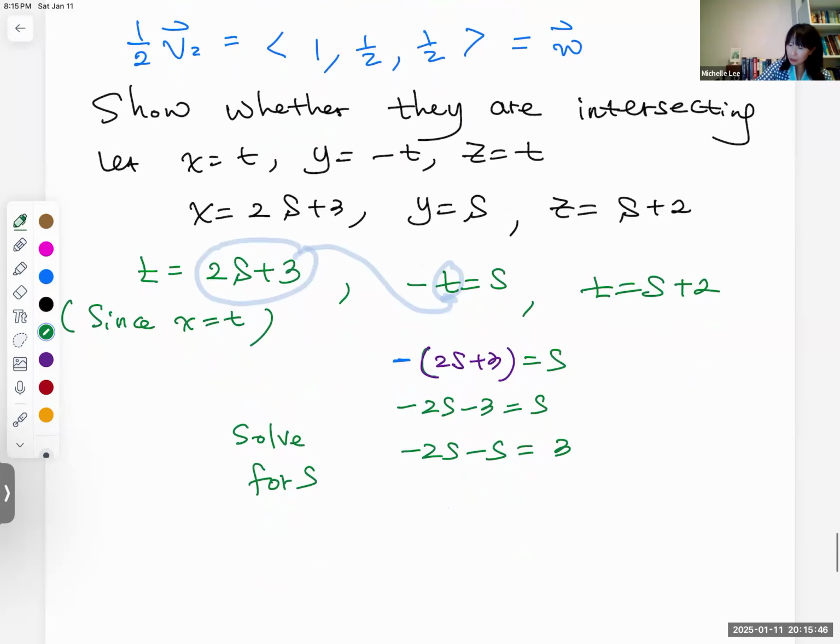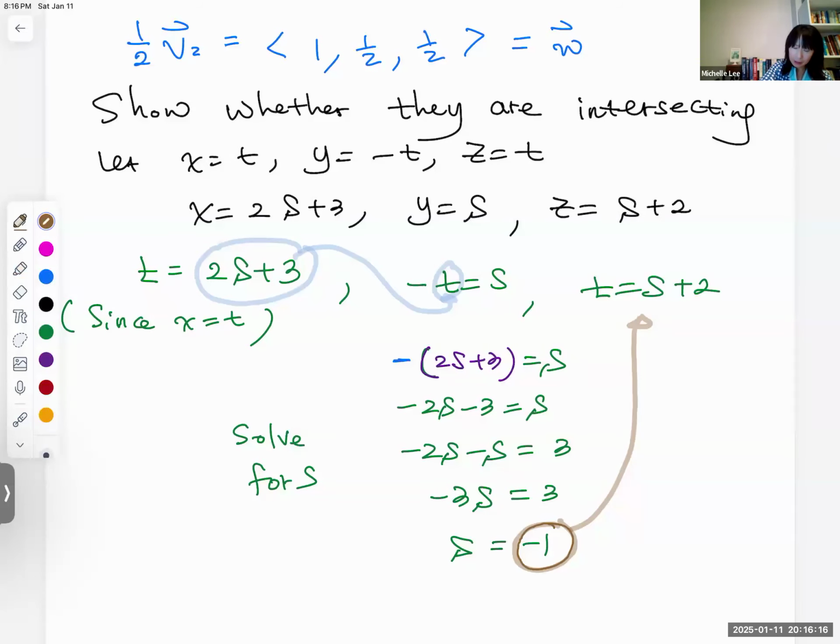Okay, then negative 3s equal to 3, s equal to negative 1. All right, so s equal to negative 1, let's substitute this into here.